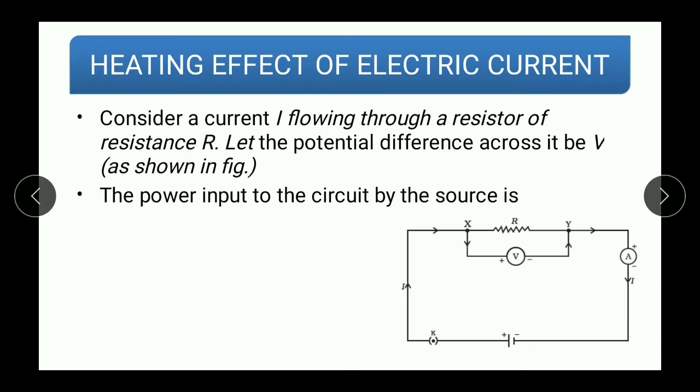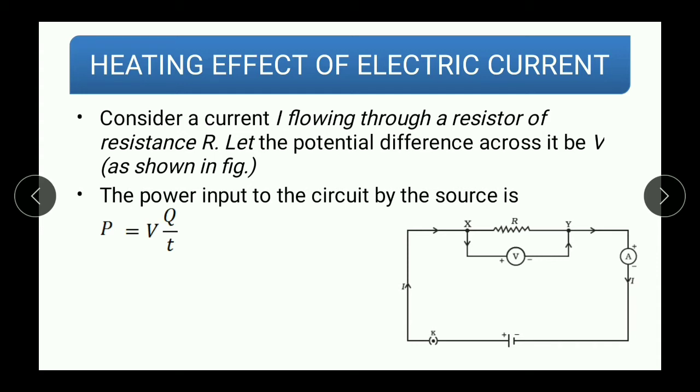The power input to the circuit by the source is given by P = V × Q/t. Now what is V? We all know it is the potential difference, and Q is the charge flowing through the circuit, and t is the time in which it is flowing. So if we want to calculate this power, what we have to do is multiply Q/t with the potential difference.